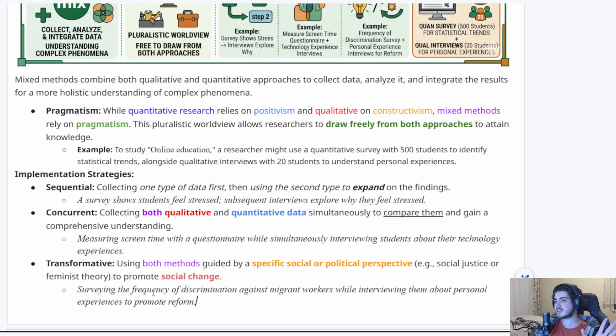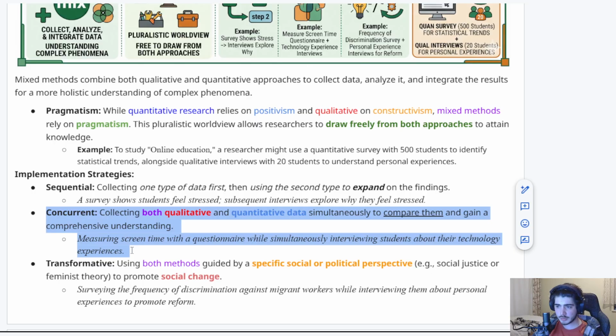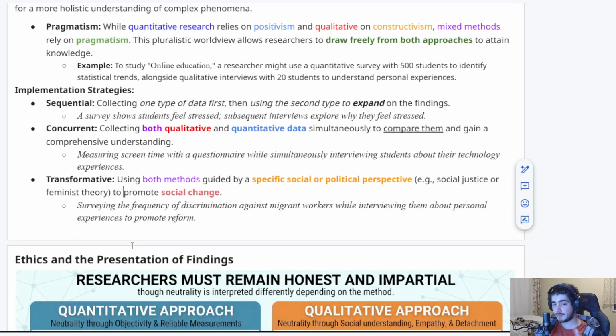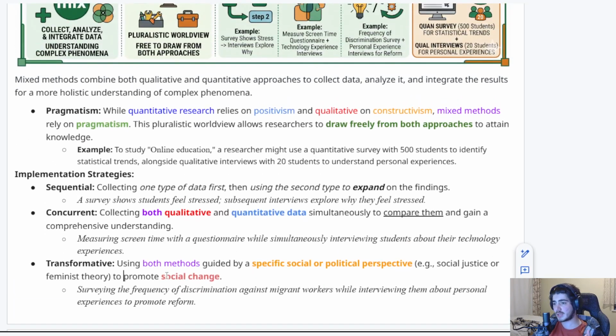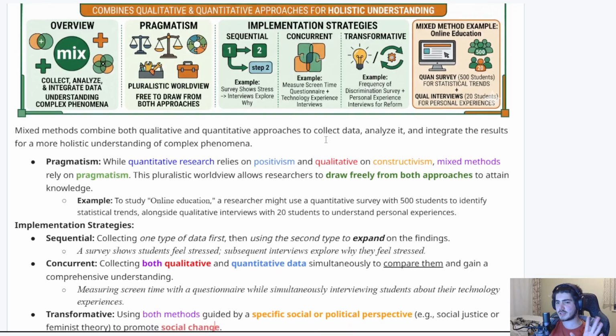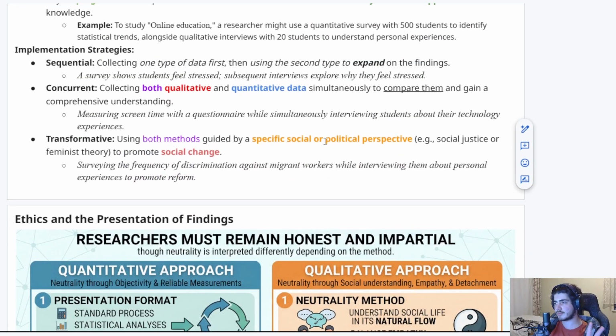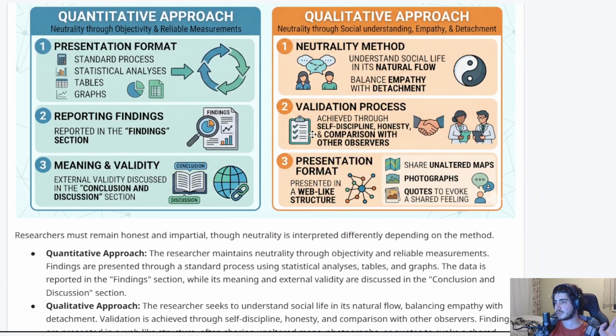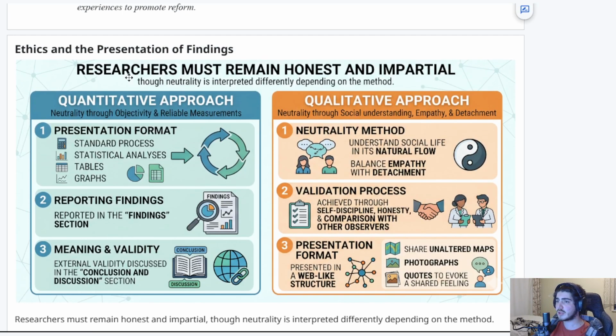It just seems the same as concurrent, but I guess this has a bigger value, that being social change. So if you see transformative, it means there's something about feminism or world change or the indomitable spirit of humans or something like that. I'm not too sure. If you can explain to me, I would like it.